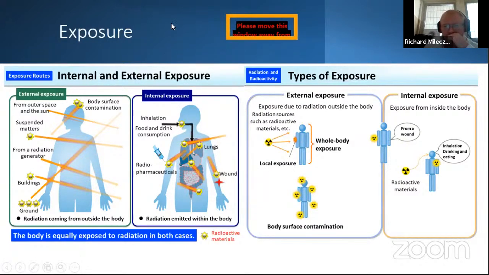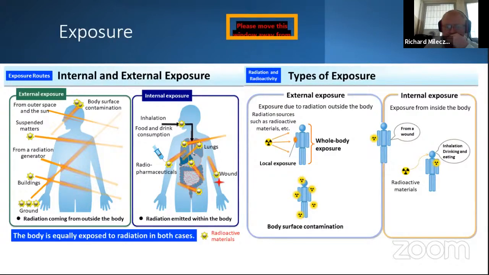When we are talking about external exposure, we should further differentiate between exposure that comes from a source that is just somewhere far away and exposure that comes from the material that is located on your surface, that is your skin or your clothes. The reason for this is that if it is located on your surface, then it can very easily become internal exposure.